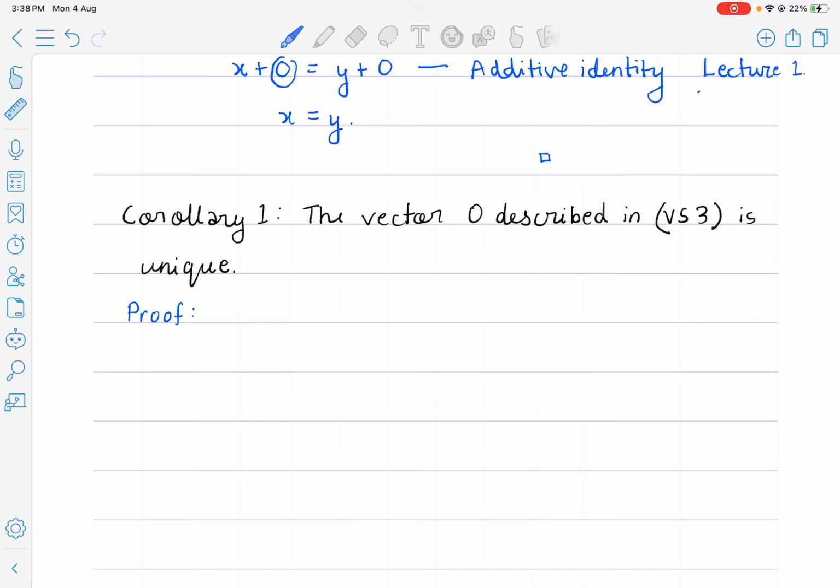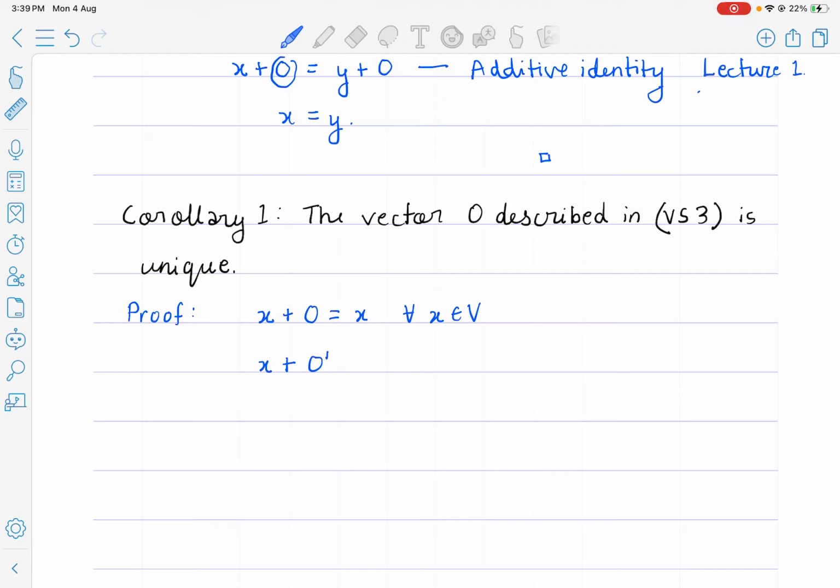So how do you describe this one? We have that x plus 0 is equal to x for all x belonging to V. This we already have. Now let's say there are two zeros.